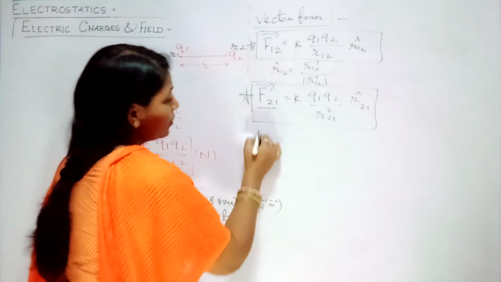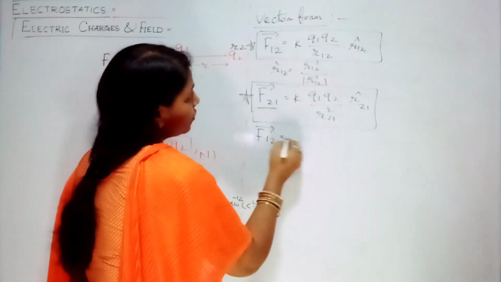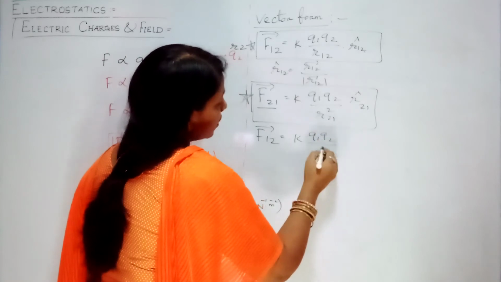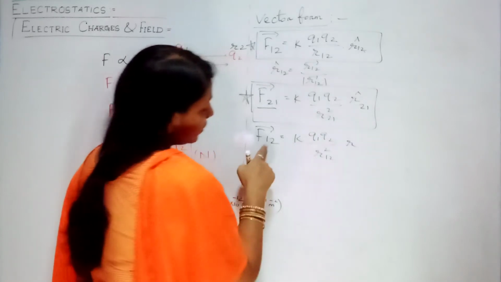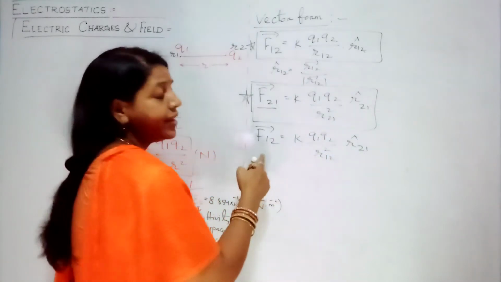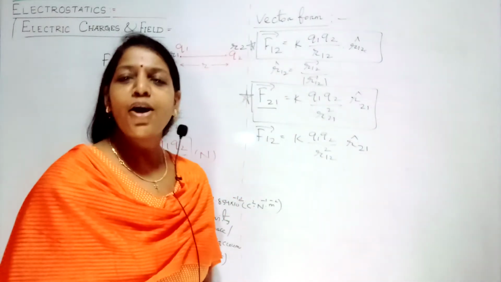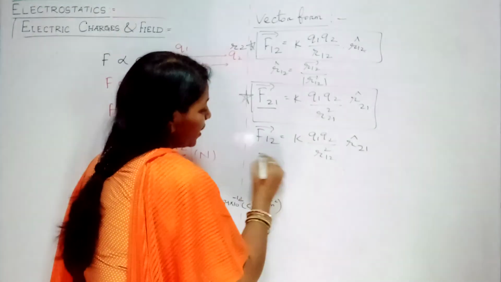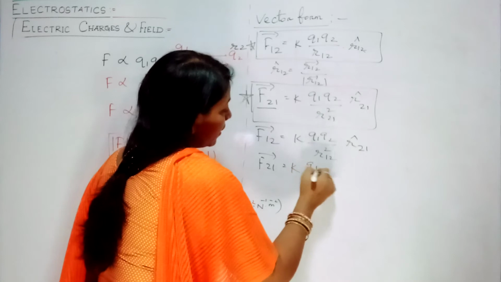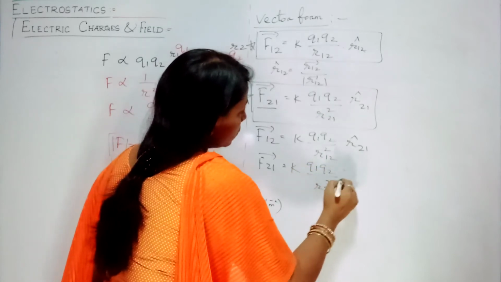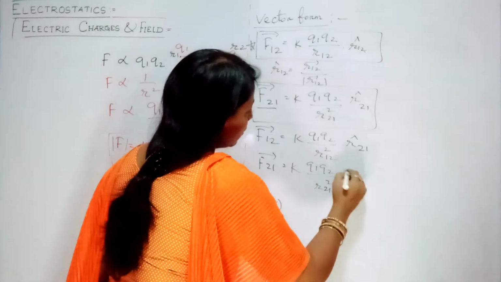Now, if you are writing F12 vector equal to K Q1 Q2 by R12 square, now here instead of 1, 2 you are writing R21 vector. It is applicable for opposite forces. Similarly, F21 vector equal to K Q1 Q2 by R21 square, R12 cap.